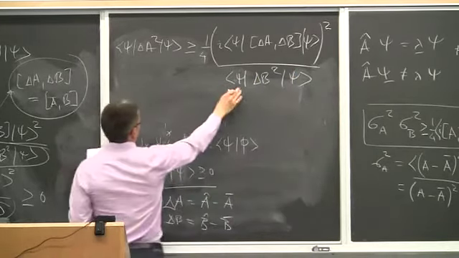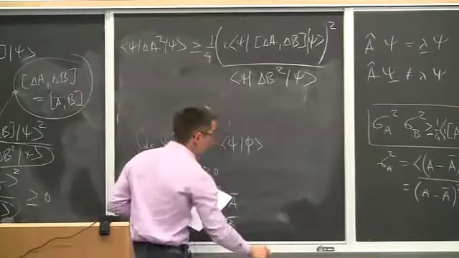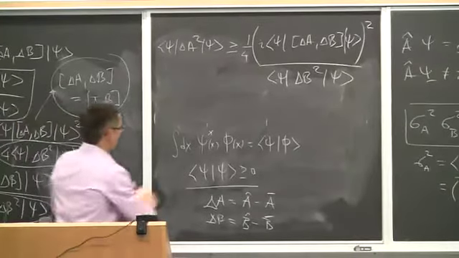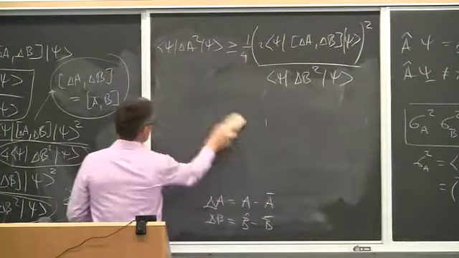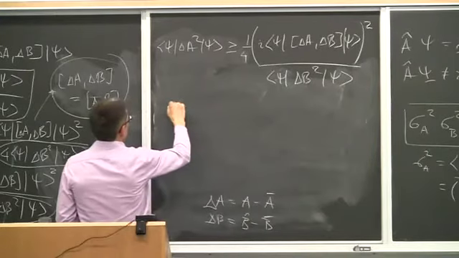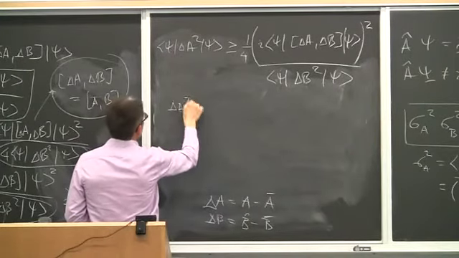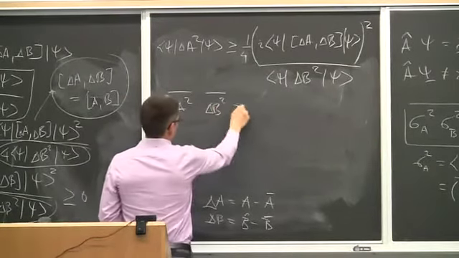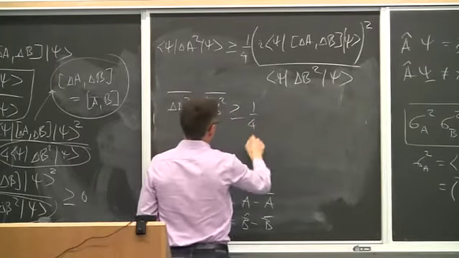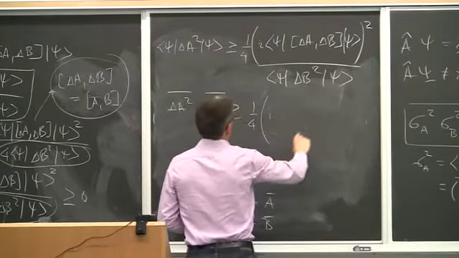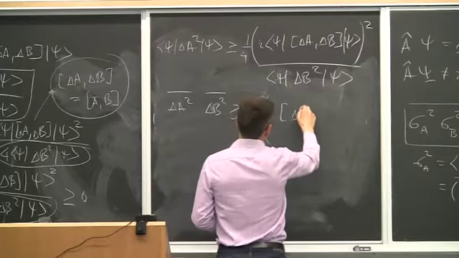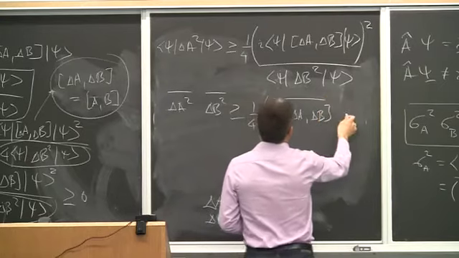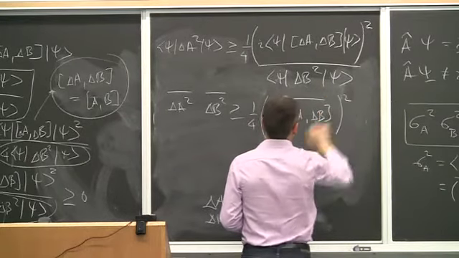And then when we take this to the left, we'll get this delta A squared averaged, delta B squared averaged, greater or equal then 1/4 of I. Here we have delta A, delta B averaged squared.